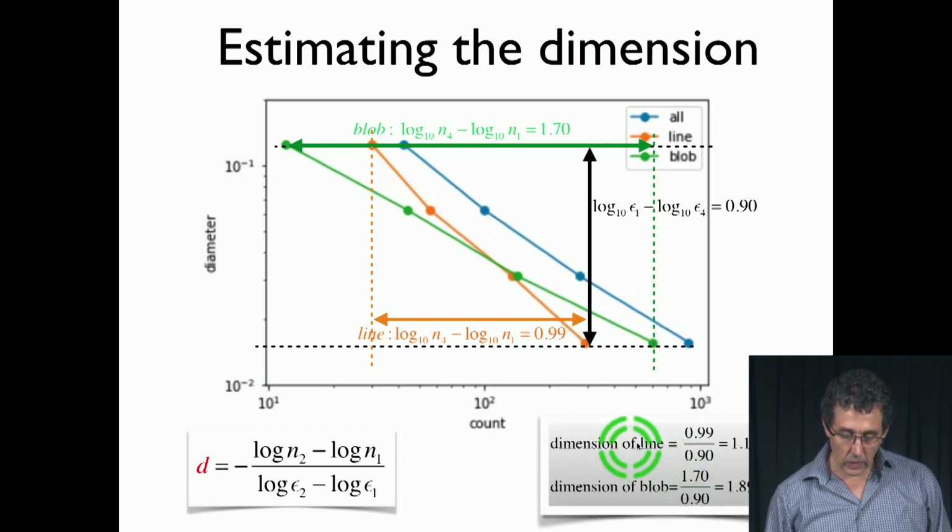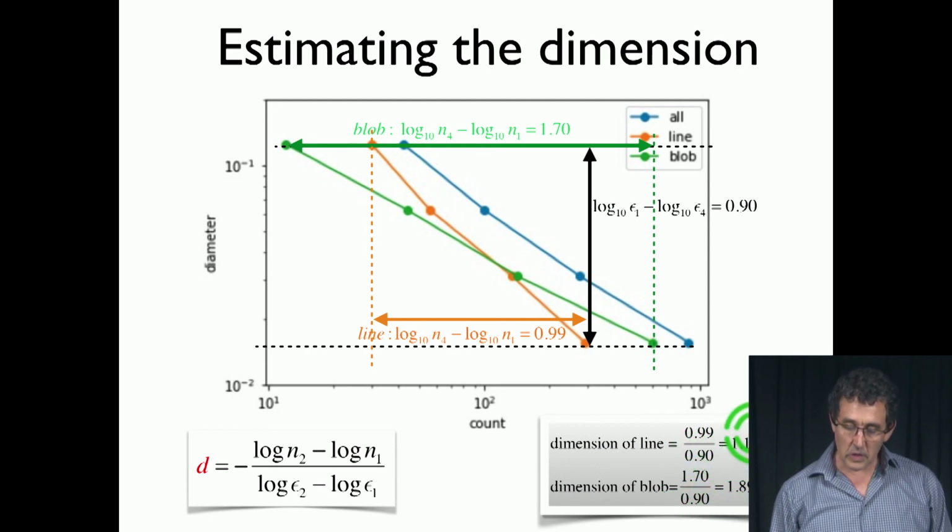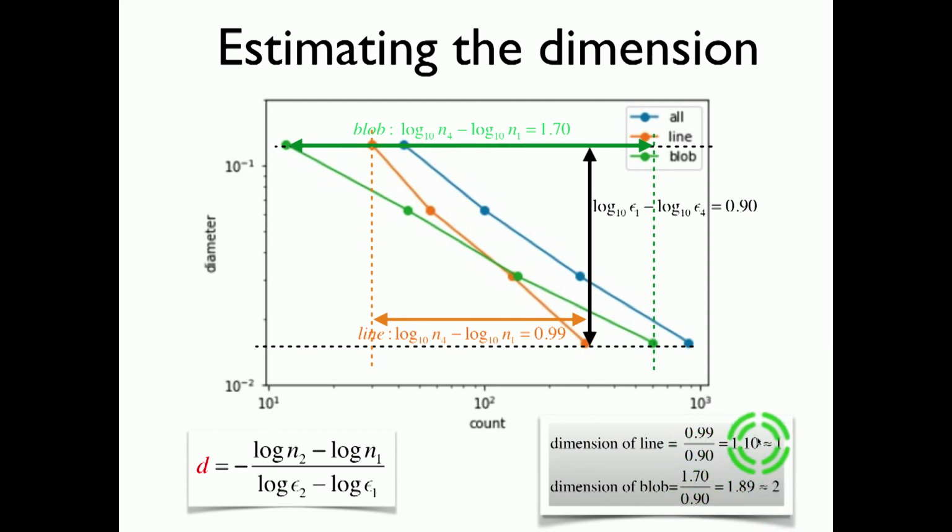And what we get when we plug this into the ratios is approximately what we expected. For the line, the dimension is 1.1, which is close to 1. And for the blob, we get 1.89, which is close to 2. The significant thing about this is that we defined dimension in a way that is completely separate from our perception. It's just a ratio of how distances shrink and the number of cells grows.